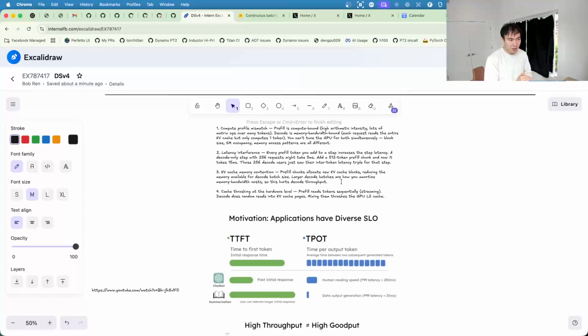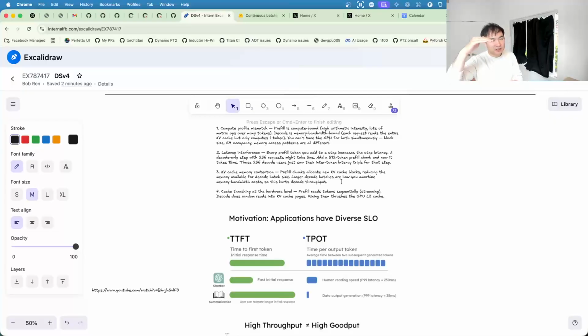There's also this problem of KV cache memory contention. Remember, the decode step is memory bound. It's waiting on transferring the KV cache and the weights to the compute units. One way you can amortize this cost is by having larger and larger batch sizes.